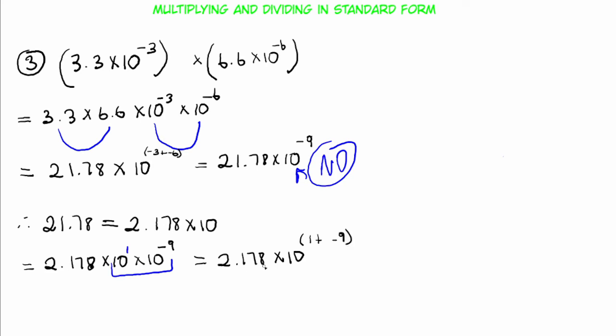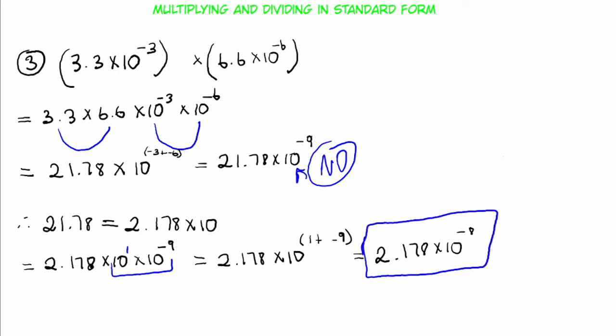So we have 2.178 times 10 raised to 1 plus negative 9, which we know right here would give us negative 8. And this would be our final answer. And this is also in standard form, just pointing it out.